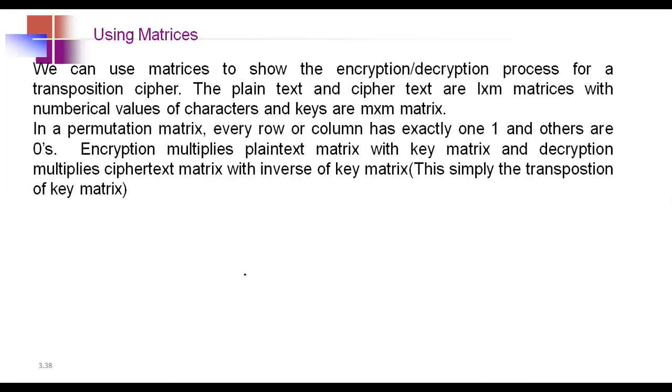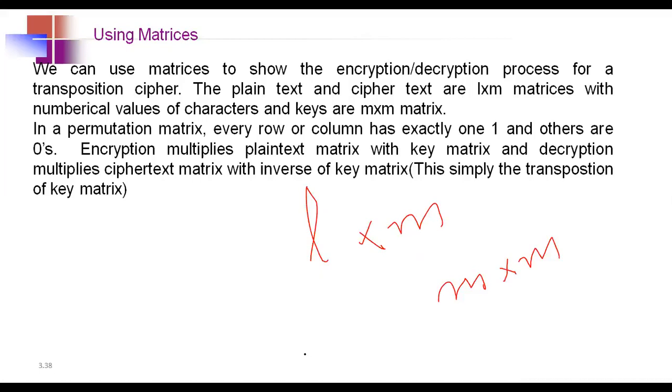The key is also written as one matrix, which should be an M into M size matrix. Suppose the plain text matrix is L into M, then we should use a key matrix that is an M into M size matrix.